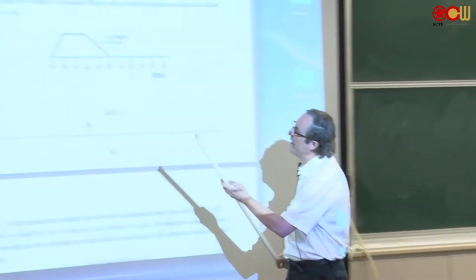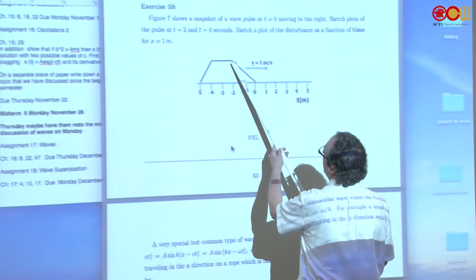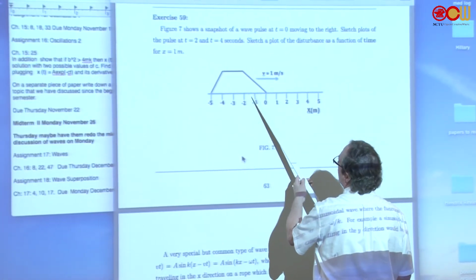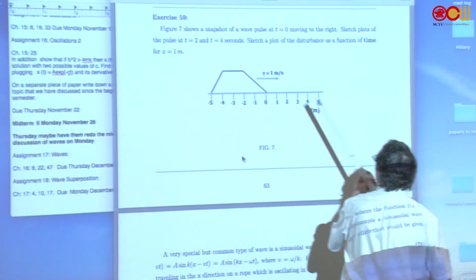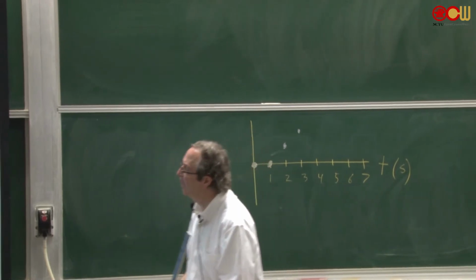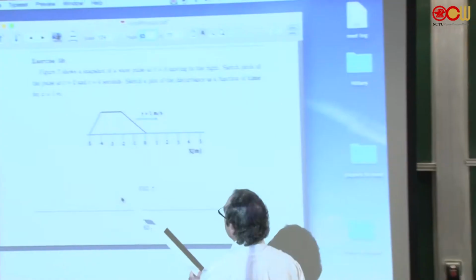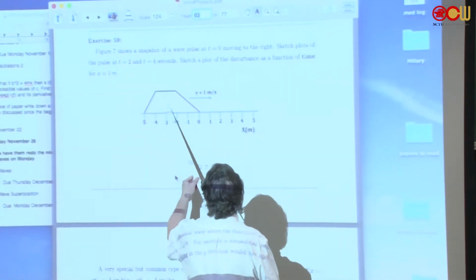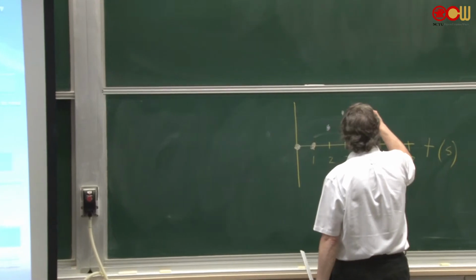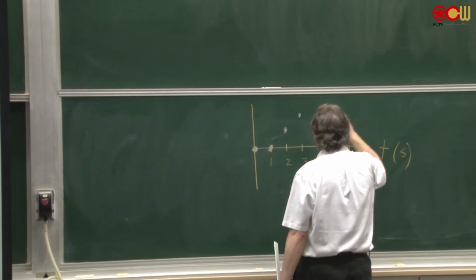At t equals 3, then this point will be over here, right? 1, 2, 3. That's up there. So that is up there. Did I do that right? Yeah. Then at t equals 4, this point will be there, and at t equals 5, that point. So we'll have 2 points up there, like that.